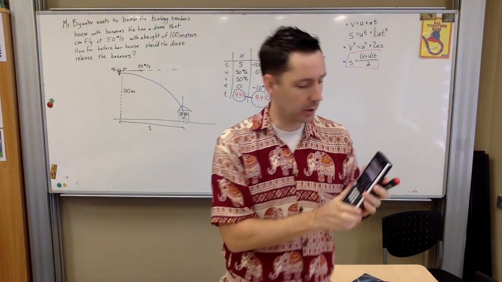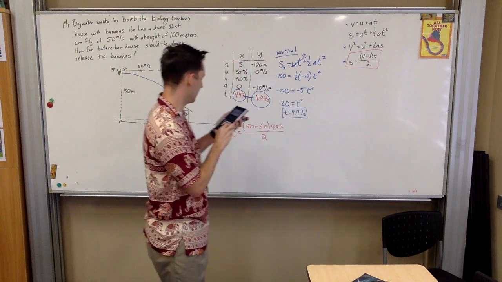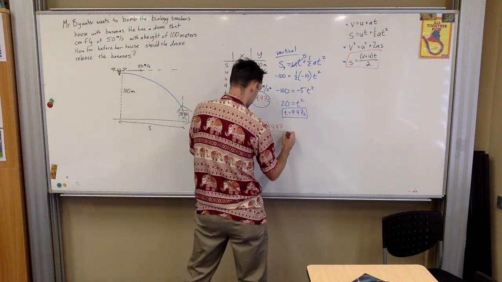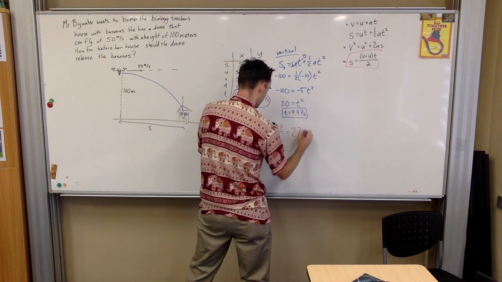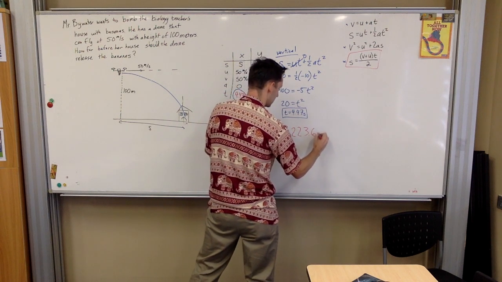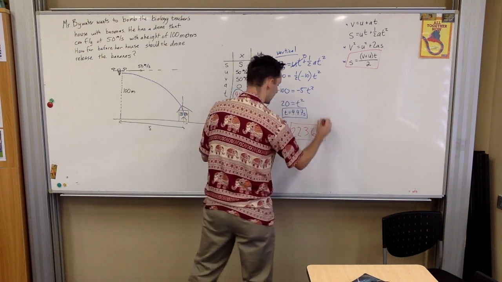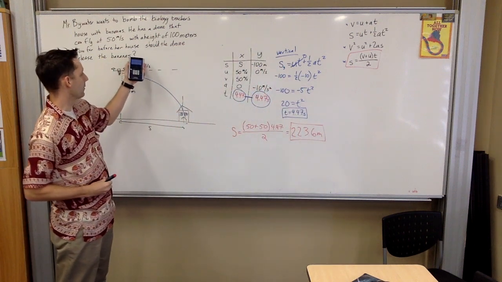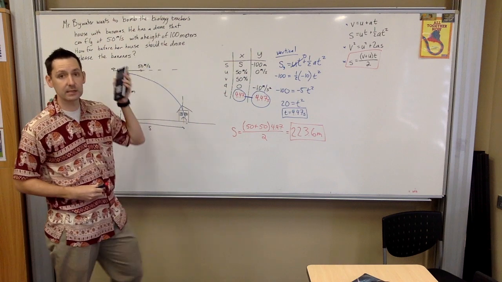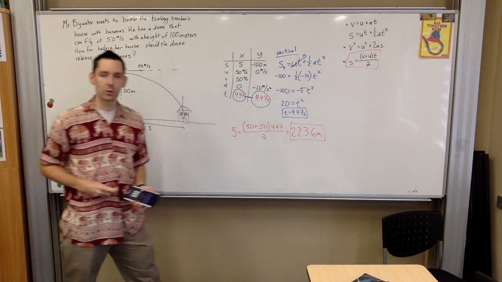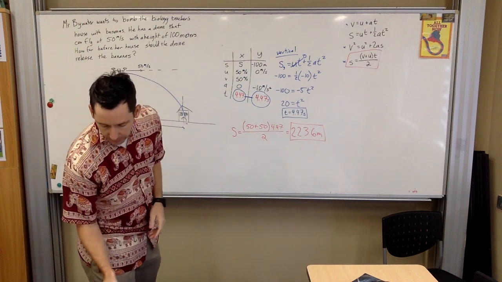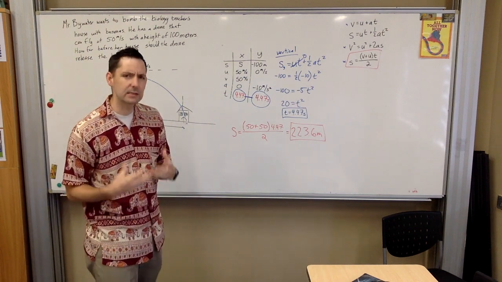Then I'll divide by 2, which of course gives me my answer, 223.6 meters. So the answer to the question, how far before a house should the drone release the bananas, is 223.6 meters.